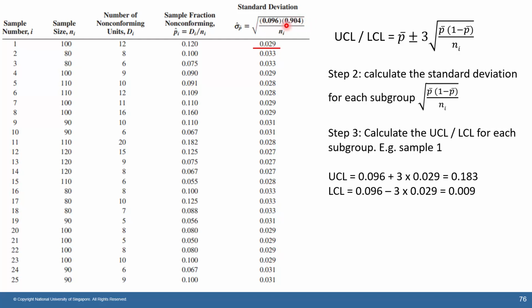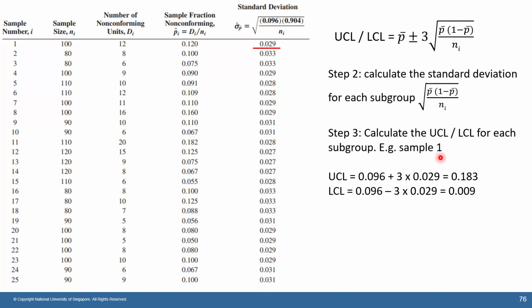We have seen how we get this number in the previous slide. Then divide by Ni, the number of samples in this particular first sample. So it's 100. With that, you are able to calculate the standard deviation for the first sample, and you can go on to calculate the standard deviation for every sample.